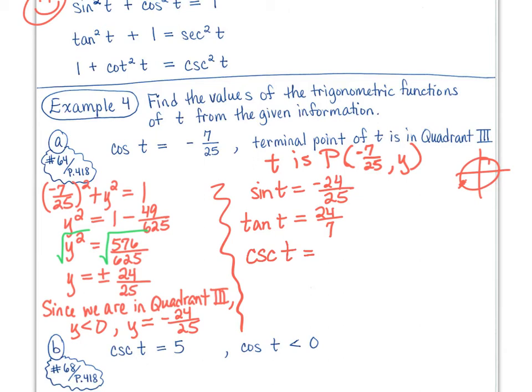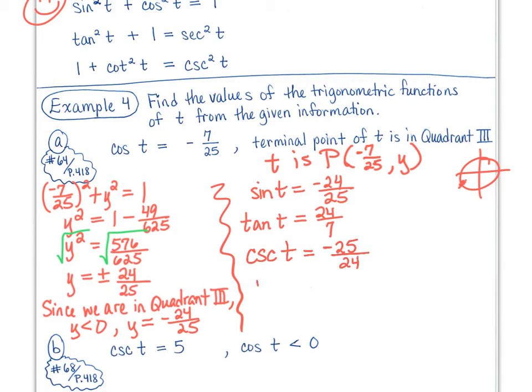Good, so that gives you what? Taking 1 and dividing it by a fraction is the same thing as saying take 1 and multiply by the reciprocal of it. What do you get? 25 over 24. Positive or negative? Negative. Good. Negative 25 over 24.